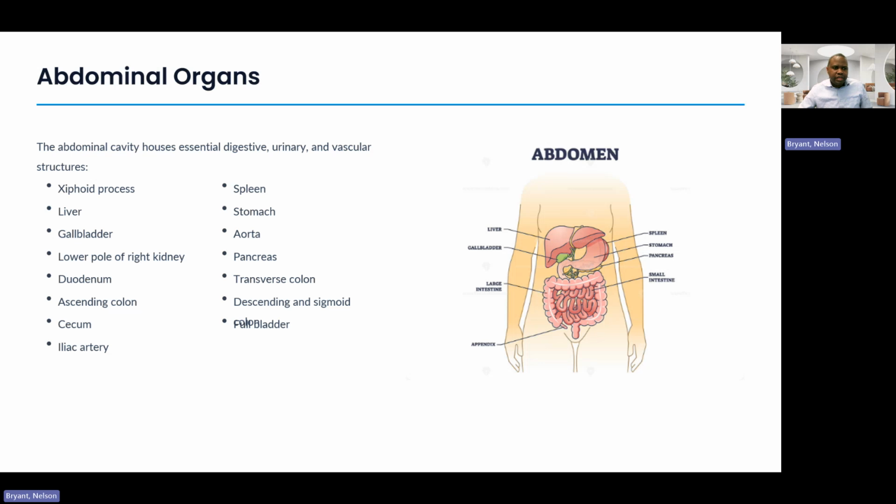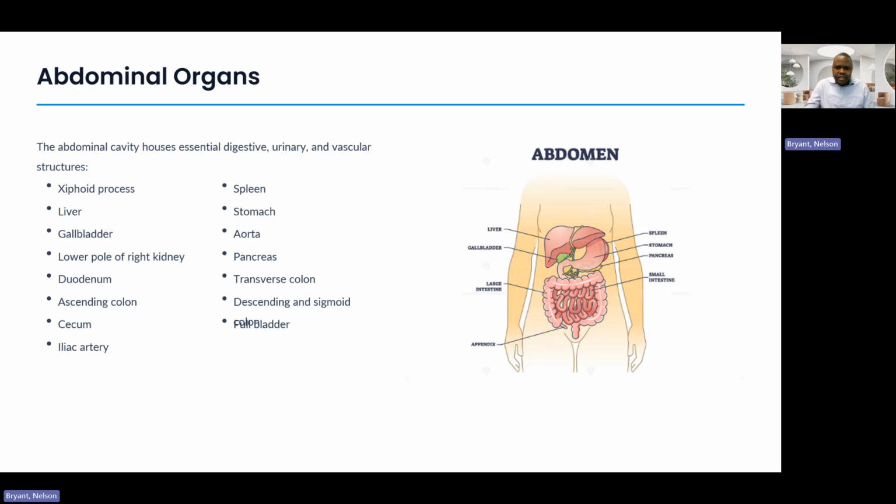So beneath the abdominal wall lie the vital organs of the digestive and urinary systems. For example, the right upper quadrant houses the liver and the gallbladder, while the left upper quadrant contains the spleen and then the stomach.